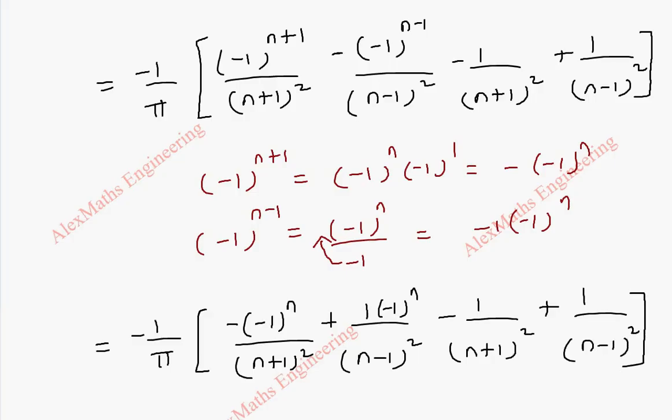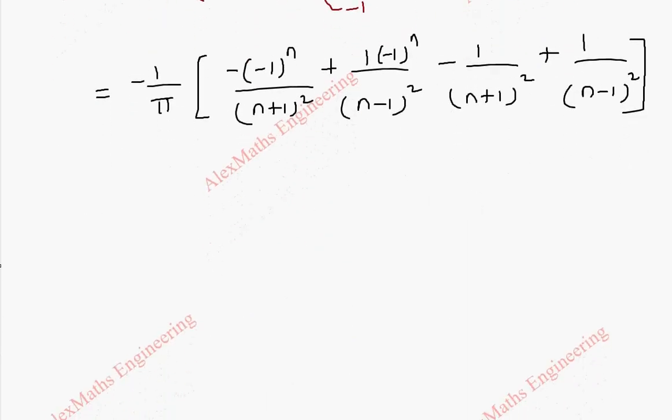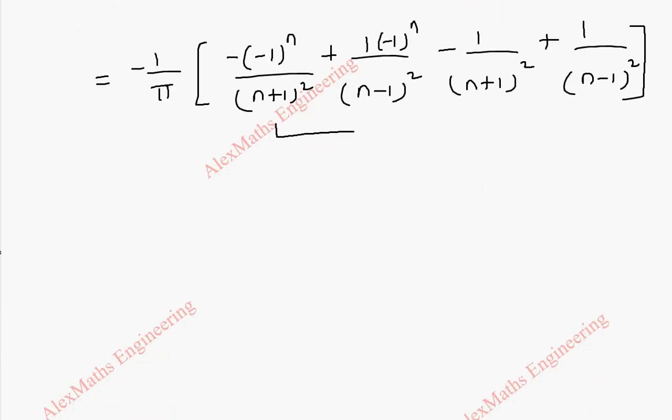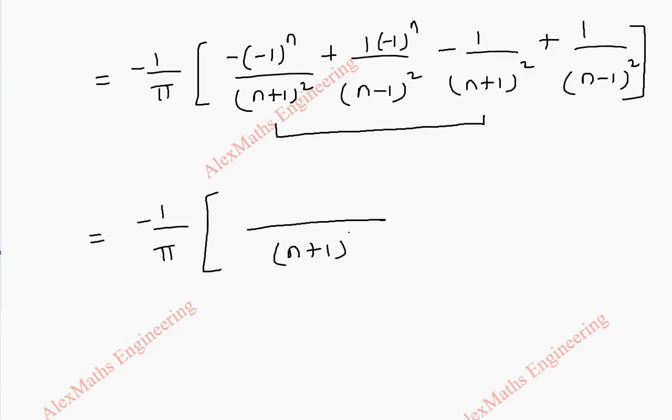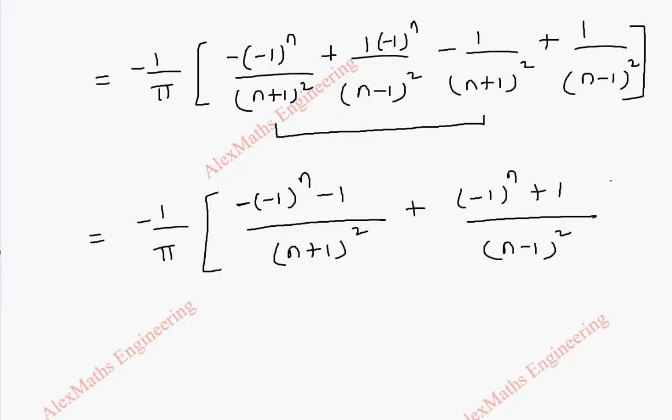Now we can group the terms. The denominator (n+1)² term we can group together. So this is -1/π. I can take the common denominator (n+1)², and this is minus of (-1)^n, then minus 1. Then here the common denominator is (n-1)², (-1)^n, then plus 1.